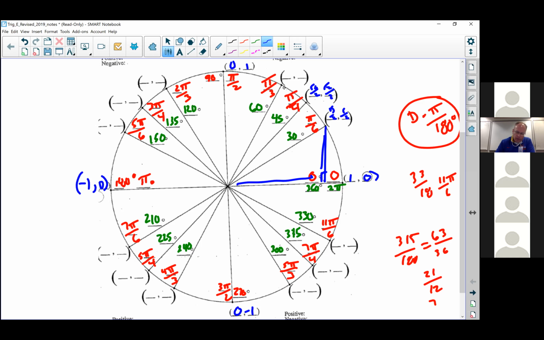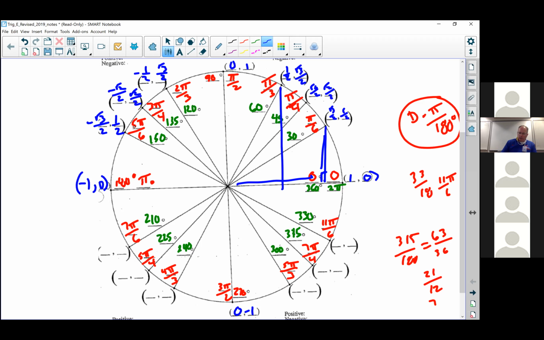And then the 60, I have the short side as my x component, so that's 1/2, long side is root 3 over 2. And then it just flip-flops. So this would be negative 1/2, root 3 over 2. This would be negative root 2 over 2, root 2 over 2. This would be the longer side, so I get negative root 3 over 2, and then 1/2.